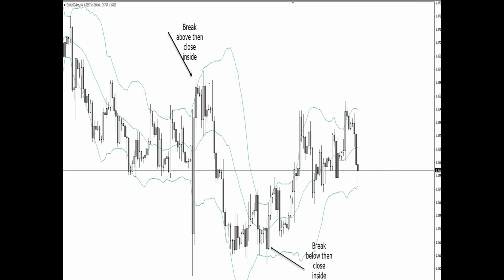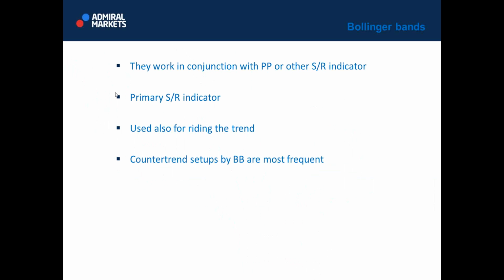Bollinger Bands, break, then close inside, are the basics of Bollinger teachings. Okay? So use that rule to your advantage.